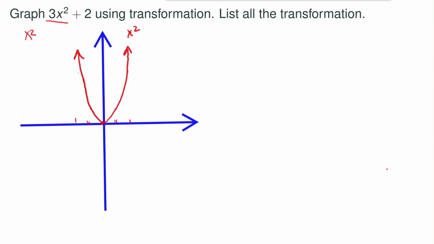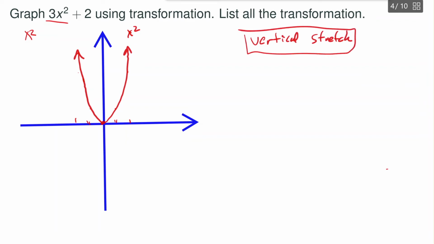So what does multiplying by 3 do? Multiplying by 3 stretches vertically. So let's list all the transformations. Vertical stretch, and also a vertical shift of up 2. So how does this look?